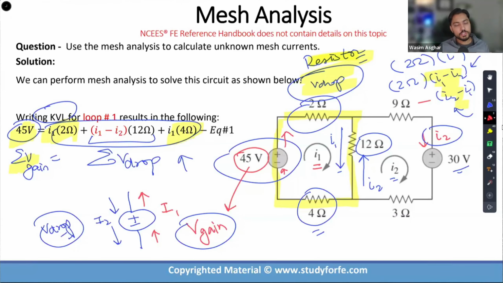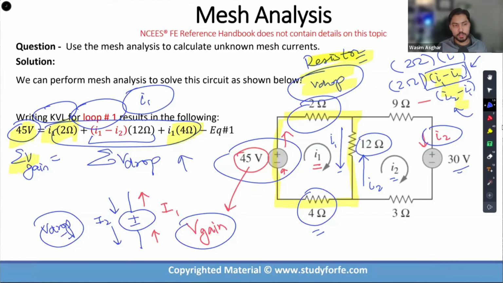Anyways, so which one should I use? I1 minus I2 or I2 minus I1? The answer lies in recognizing which loop equation you are writing for. I am writing the equation for I1. When I write the equation for I1, I'm going to treat I1 as the more dominant current, and I'm going to take the difference I1 minus I2.